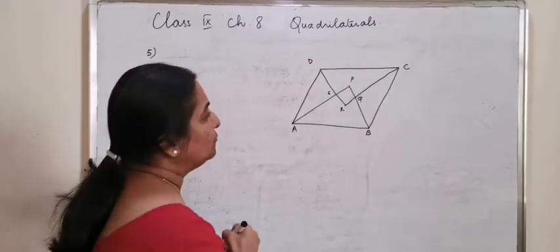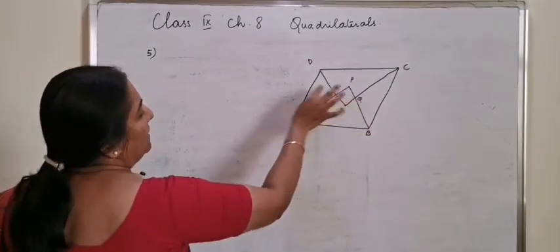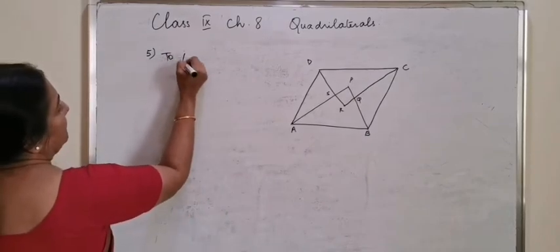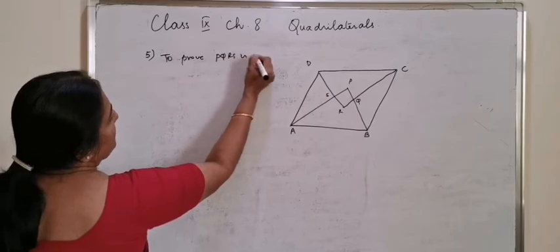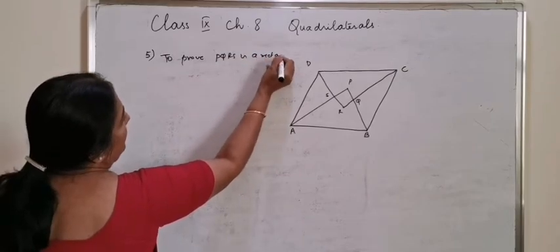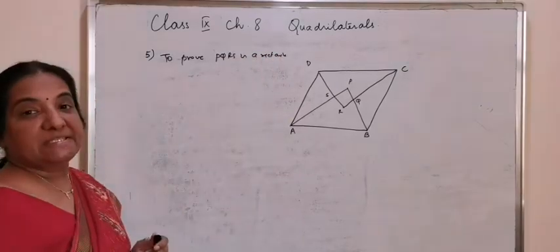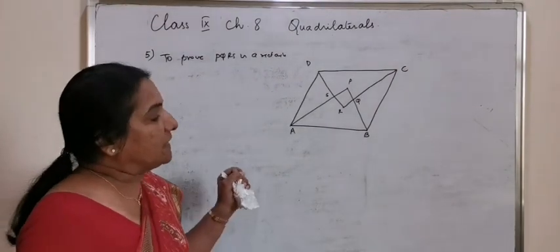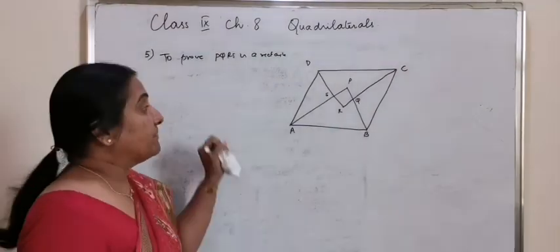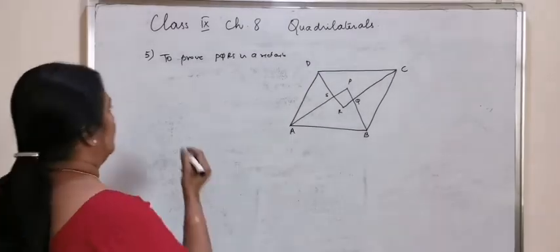That means we have to prove that PQRS is a rectangle. What is given is ABCD is a parallelogram, so we have to apply the condition of the angles of a parallelogram.